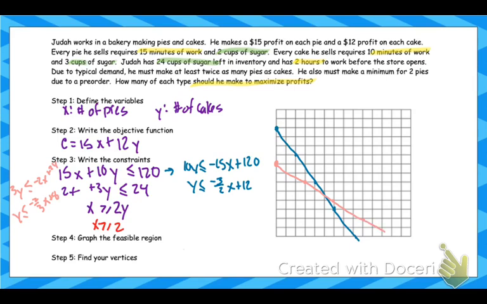All right, we'll graph our x is greater than or equal to 2y. I'll just rewrite that as 2y is less than or equal to x, which then, divide by 2, so y is less than or equal to 1/2 x. So we'll go ahead and graph that one.